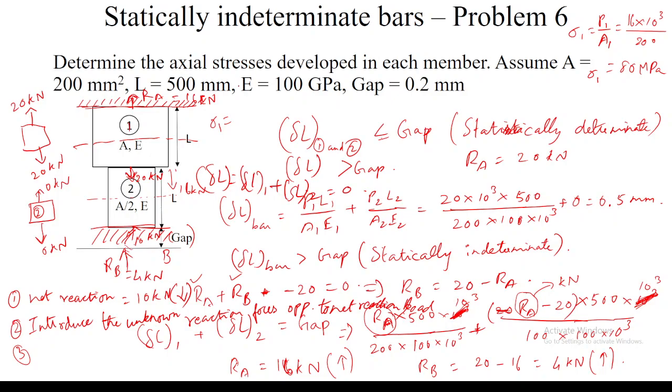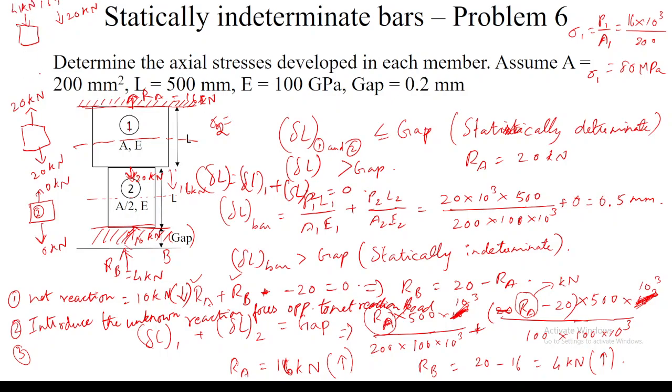Yes. Again, for member two, I am working it out here. When you draw the free body diagram of member 2, in the upward direction 16 kilonewton is acting upwards and 20 kilonewton is acting downwards. So the net load is 4 kilonewton, which is acting downwards.